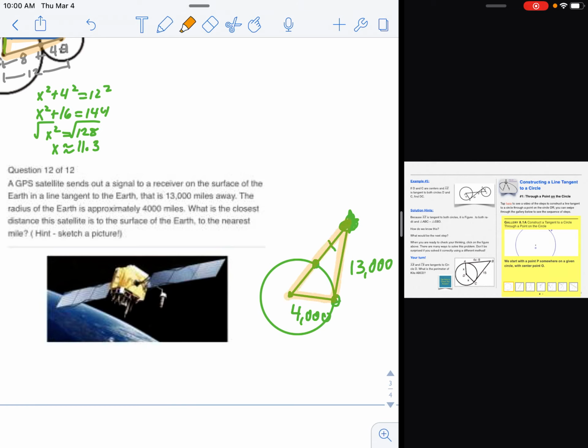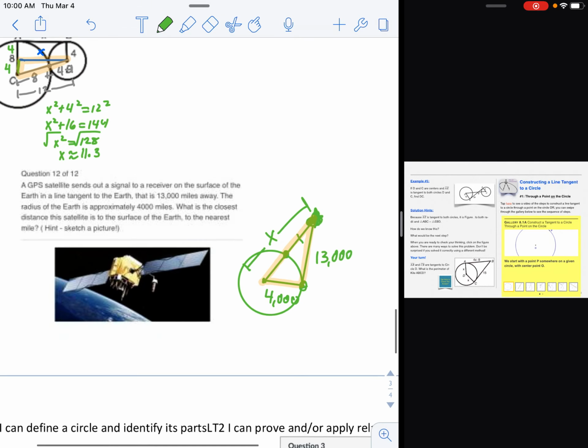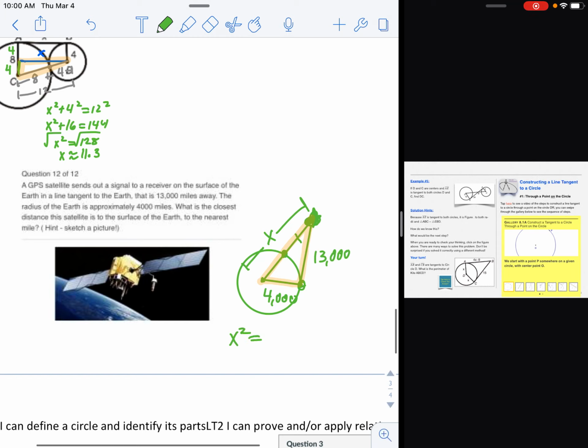So what we do really fast is let's just find this whole length here, x, and then we'll do some subtraction. So x squared, I'm just doing Pythagorean theorem, writing in reverse this time, mathematically legal. I'm going to do a bunch of calculations in my calculator right now. 4,000 squared, 13,000 squared, the square root of it.